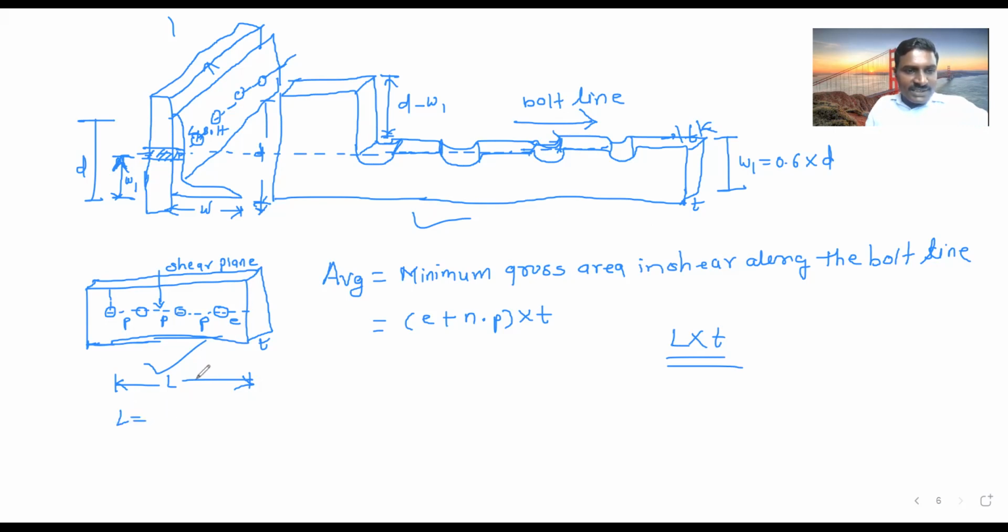L is equal to E plus 3 times P. Right or not? It is 3 times P, isn't it? Yes, sir. So here I have written N. So what is N? N is the number of holes? No. Number of pitch. Here N is the number of pitch, that is 1, 2 and 3. N is the number of pitch into capital P, which is the pitch distance.